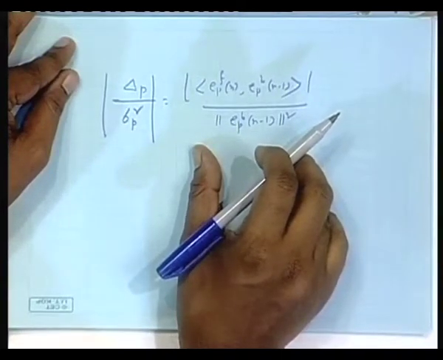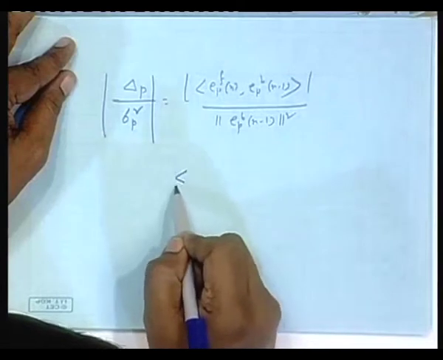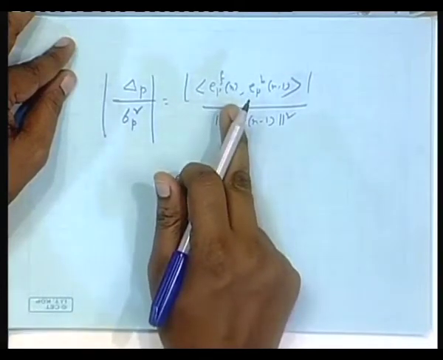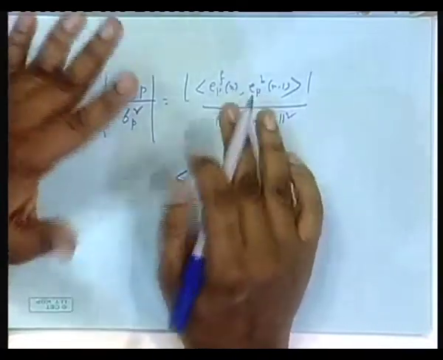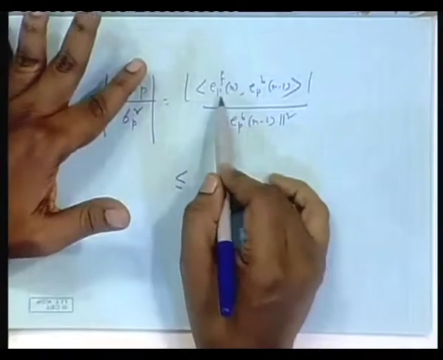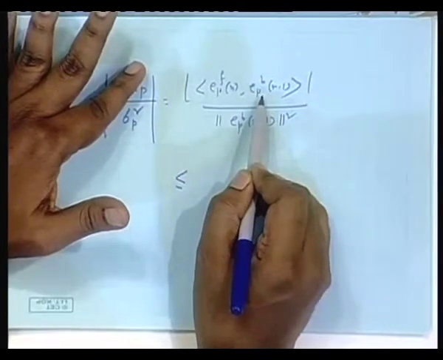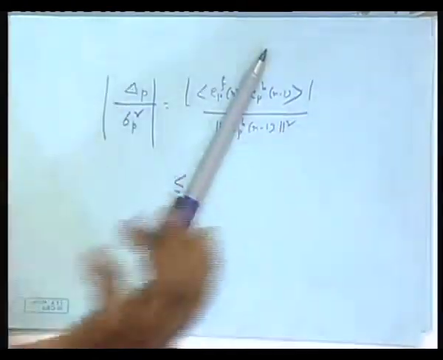Okay. Now, I apply Cauchy-Schwarz. Since there is no linear relation, you can see yourself, this is not a multiple of this. That is, x n projected on the past and the error, and x n minus p projected on the future and the error, will not be linearly related in general.